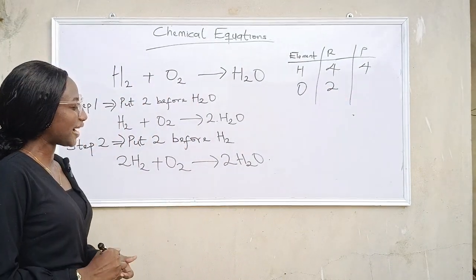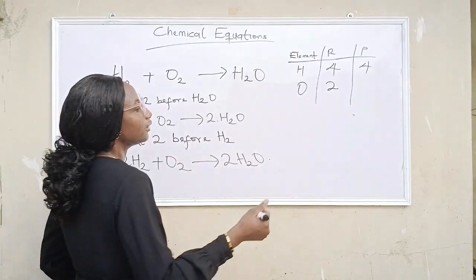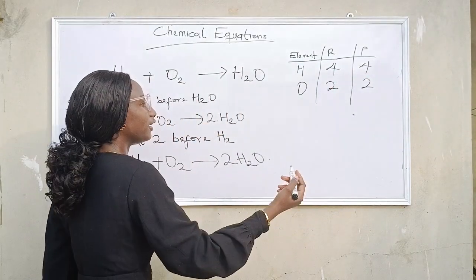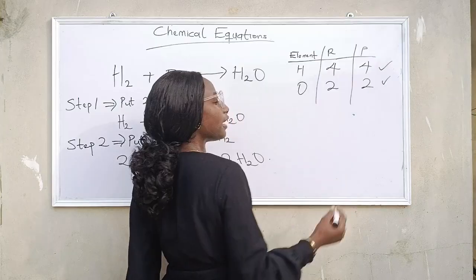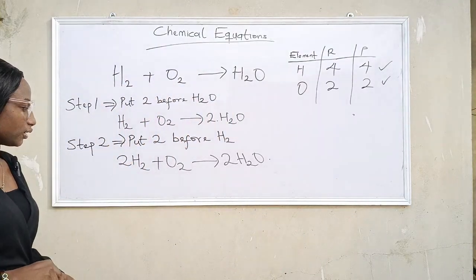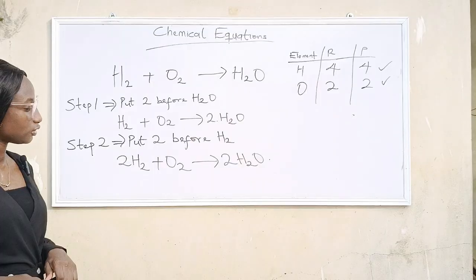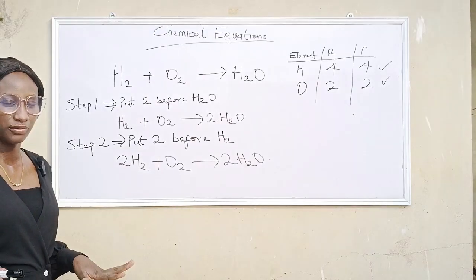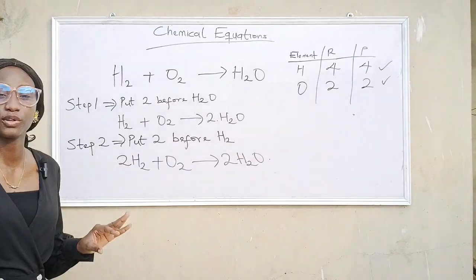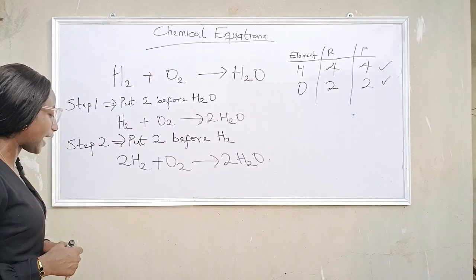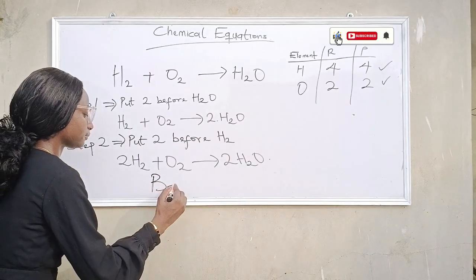And for the right hand side, we also have 2. Very good. So since they are all equal, we have balanced our equation. So our balanced equation is 2 moles of hydrogen molecules reacting with 1 mole of oxygen molecule to give us 2 molecules of water. Okay, so this is balanced.